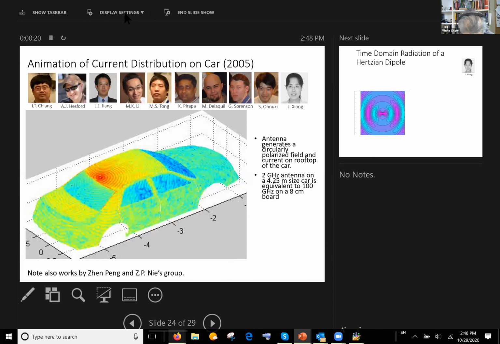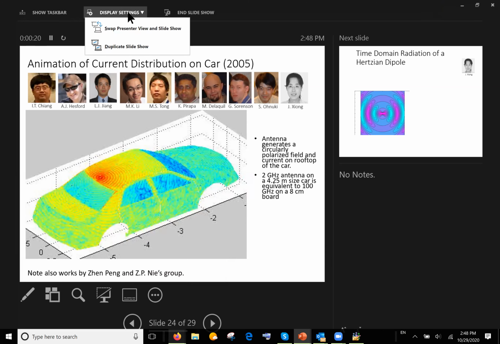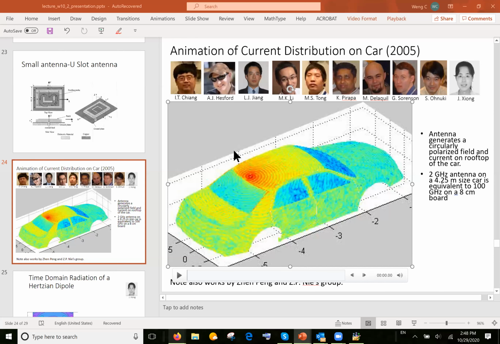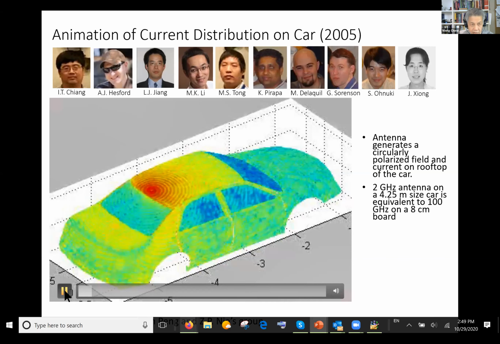Can you see my screen? Yeah, it's presentation mode. You probably push the escape button and you'll be back to it. Okay, can you see the thing playing or you cannot see it playing? I can see it. Yeah, it's supposed to be a video. Okay, can you see it playing now?